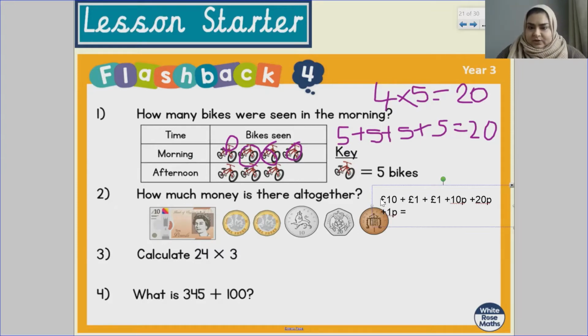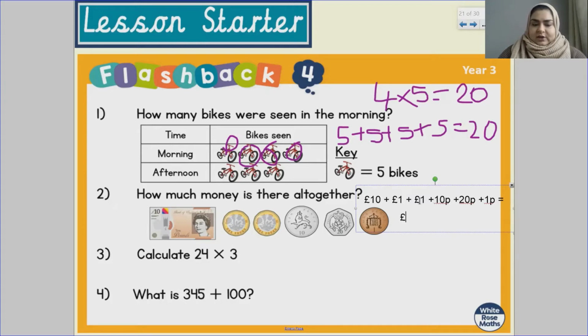Now let's count all of our pounds together. Our pounds are here. I have 10, 11, 12. So that means the answer is £12. And let's work out the pennies. I have 10 plus 20p, which is 30p. 30p plus 1p, which is 31p. So I have £12 and 31p.